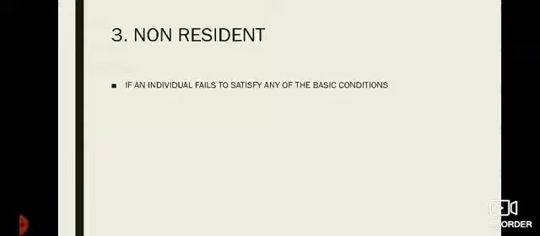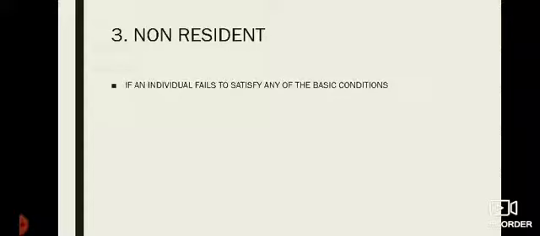Non-resident is when a person fails to satisfy the basic condition itself. As we have two basic conditions, if any person neither satisfies the first basic condition nor fulfills the second basic condition, then a person is known as what? Non-resident. Even if the person satisfies both the additional conditions, it is immaterial to us because he has failed to satisfy the basic condition itself.